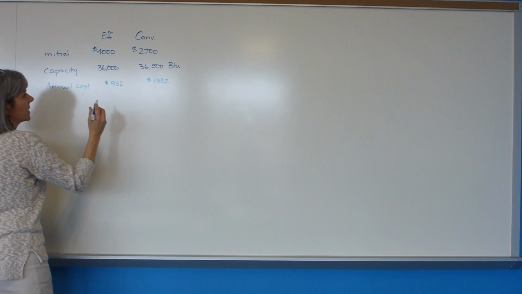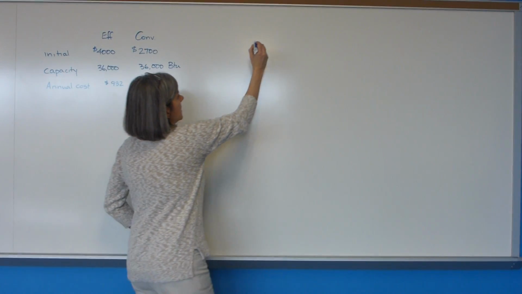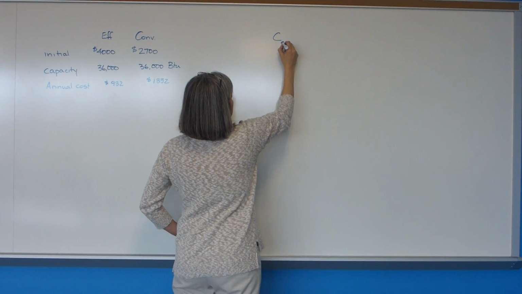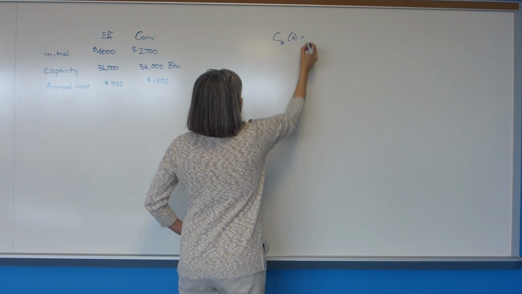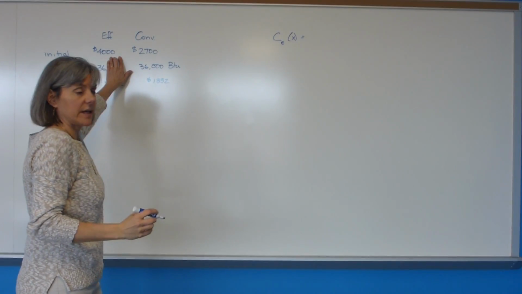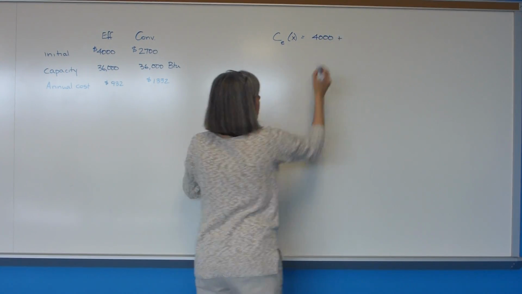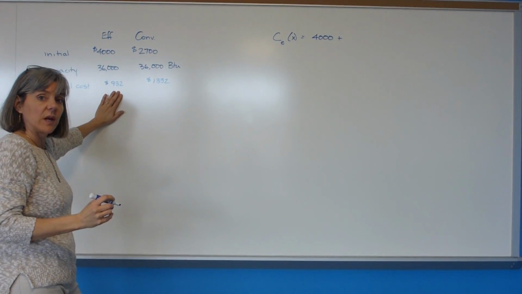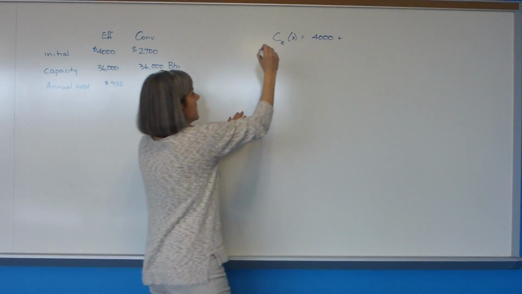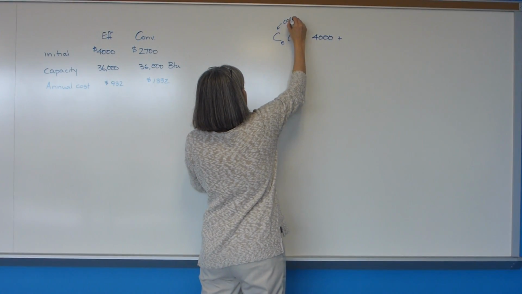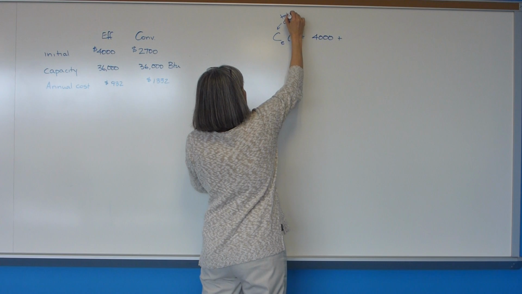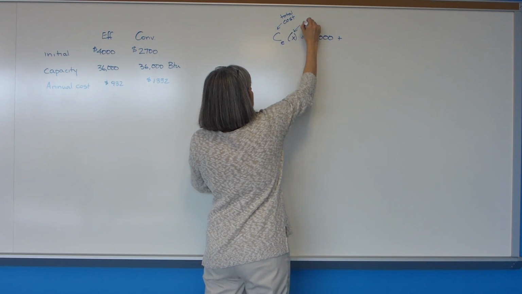Okay, so let's write it over here. So the total cost for the energy efficient model is going to be the initial outlay, $4,000, plus $932 for every year. So in this case, C is total cost, and X is the number of years.